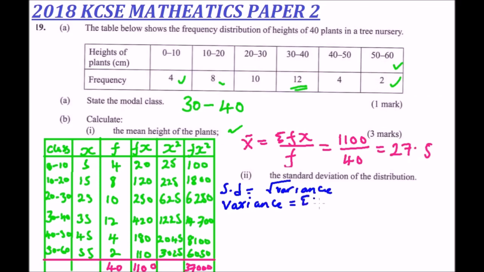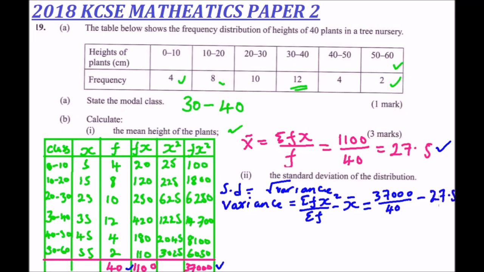summation of fx squared divided by summation of f minus the mean, that is x bar, and this is equals to the summation of fx squared, which is 7000, divided by the summation of f, which is 40, minus the mean, which is 27.5.